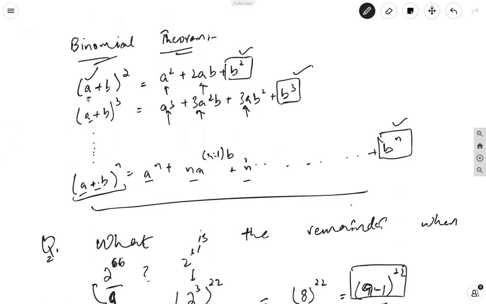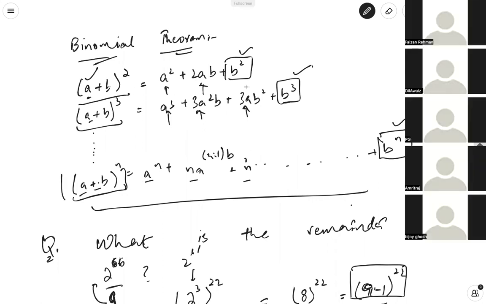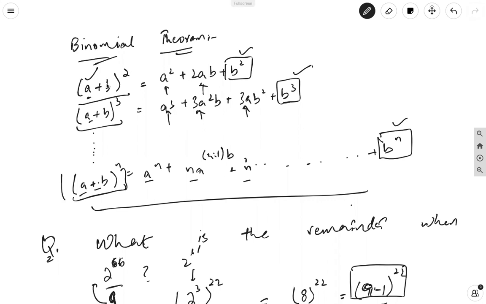Let's be quick. Let's suppose we have a plus b square. This is a square plus 2ab plus b square, right? And if we have a plus b cube, we have a cube plus 3a square b plus 3ab square plus b cube. So if we proceed and try to make a generalized formula, it is something like that. The only point is that all of these terms have a in them except the last one.